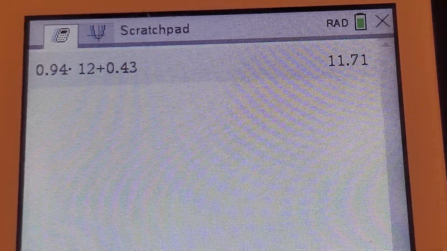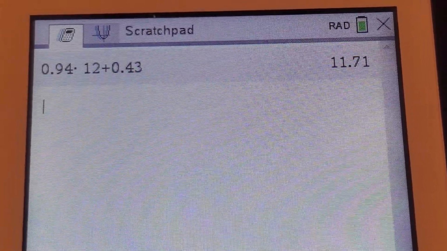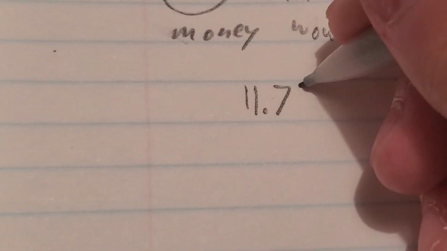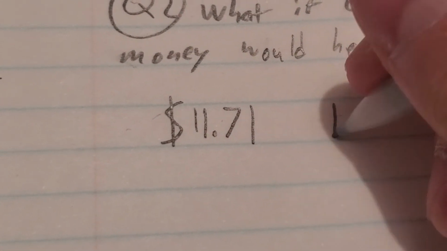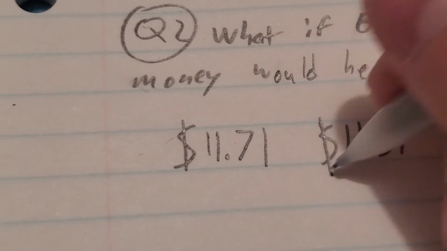So down here we can write 11.71 dollars. It's essentially the same.